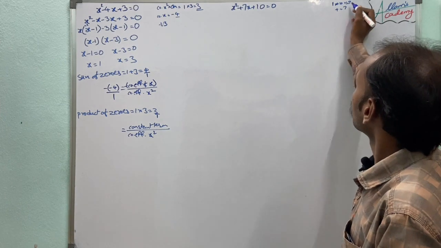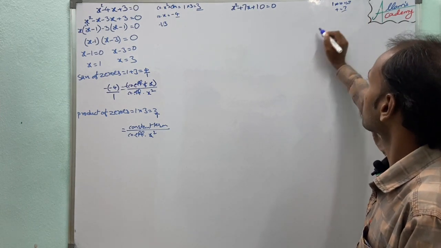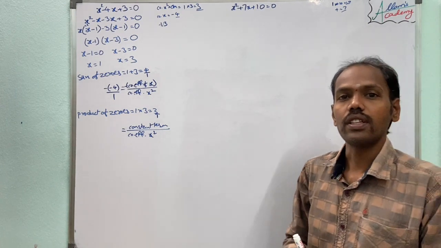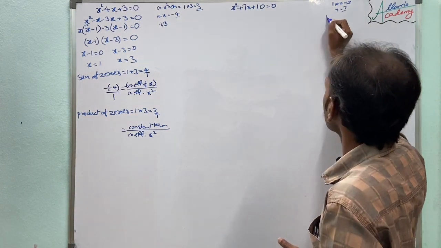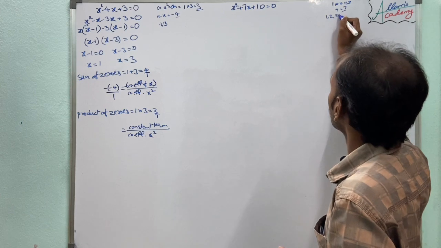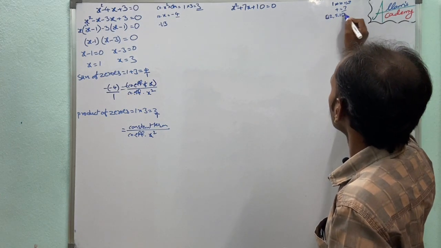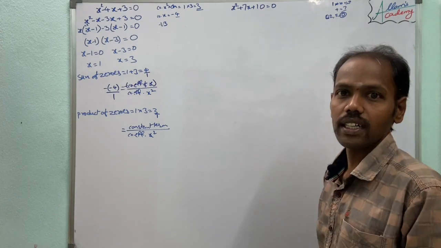We need two numbers whose product is 10 and whose sum is 7. The factors of 10 are 1, 2, 5, 10. With 1 and 10, we can't get 7.